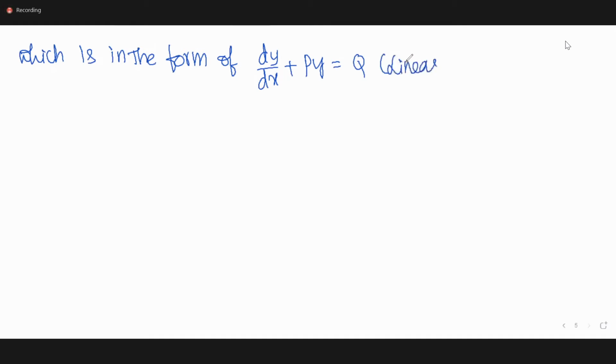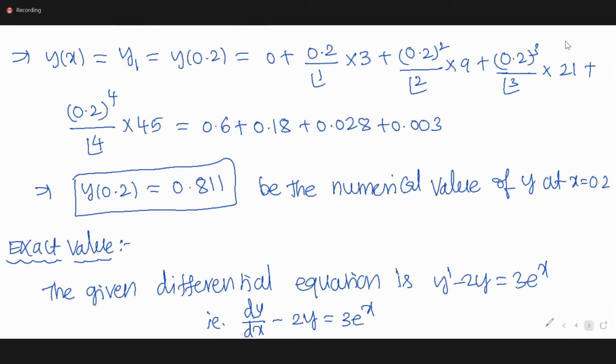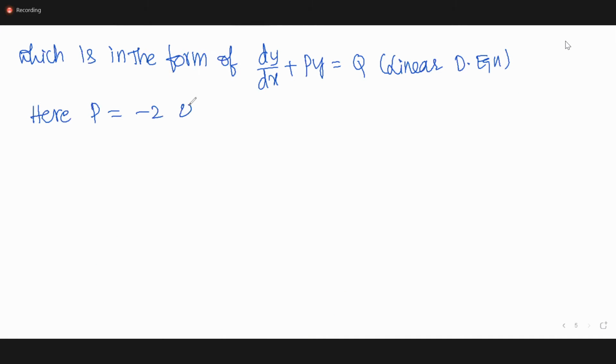Linear differential equation. So compare our given differential equation with the standard form. Here p is equal to minus 2, and q is equal to 3 e power x.